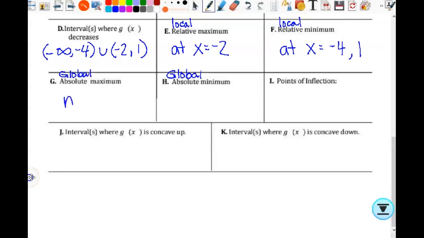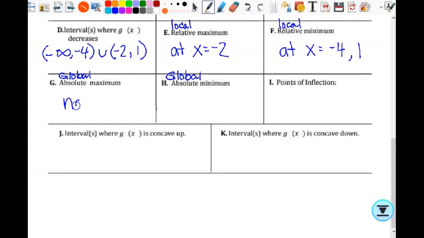None. Do we agree with that? None. Why? Because both ends go to infinity, right? And so because both ends go to infinity, you can tell me something about the degree of the polynomial. I do not want the actual number.